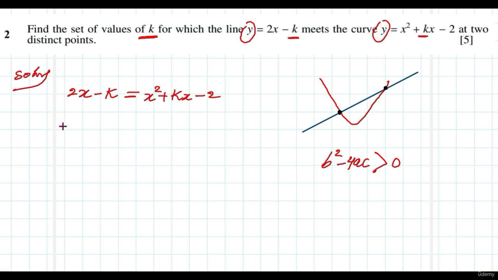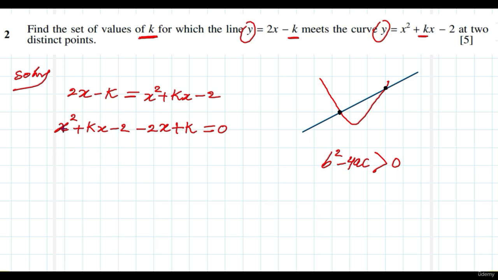Okay, let's do the simplification. We can send all the terms to the left side. x squared plus kx minus 2. Then you can bring 2x to the right side, becomes negative 2x. Then negative k becomes positive k equals 0. On the left side, if we simplify this, we get a quadratic equation.